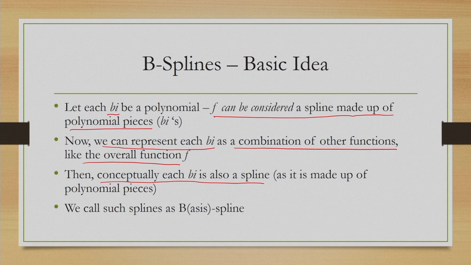That is, we are having a spline which is made up of basis splines rather than polynomial pieces. Now, each basis spline is made up of polynomial pieces. So, the definition is one level higher than basic definition of spline. In spline, we have a curve made up of polynomial pieces.